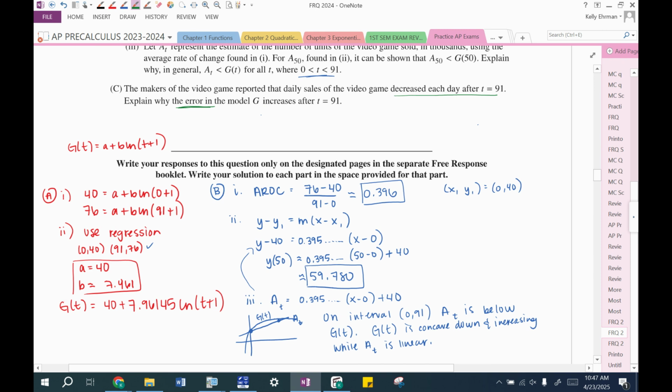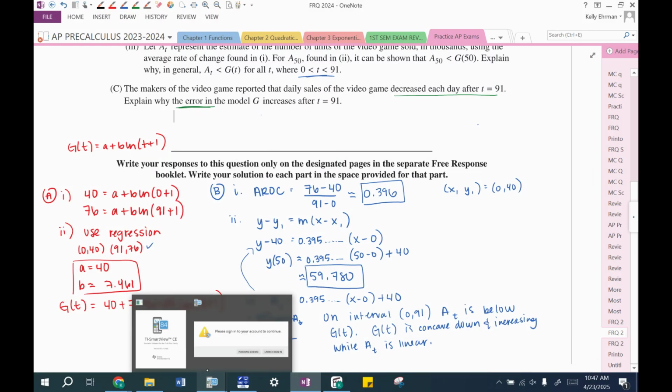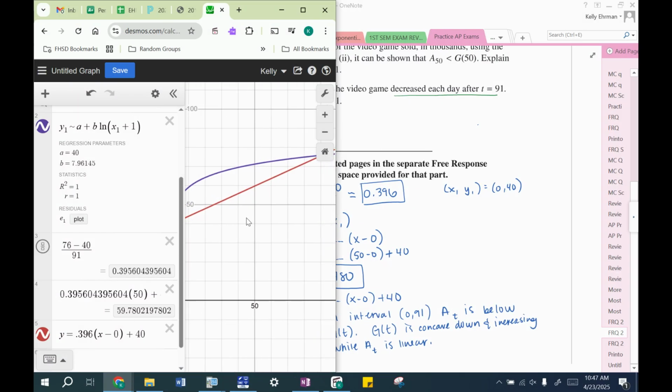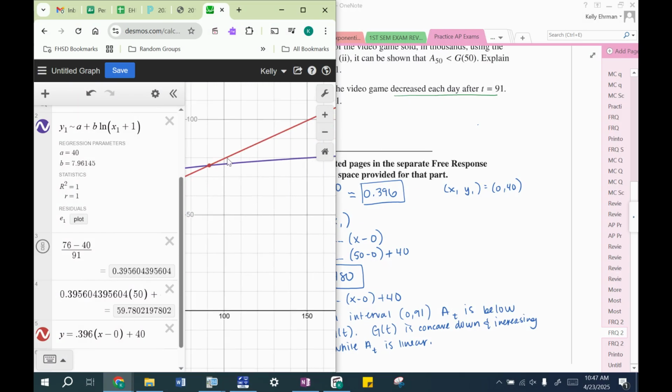So this is because the error is saying like we have this concave down. Let's take a look at our graph again. After 91, see how the line is overtaking g of t? So this g of t, it slows down how it's increasing, whereas the linear approximation increases a lot faster. So this error is just going to keep getting bigger and bigger and bigger.